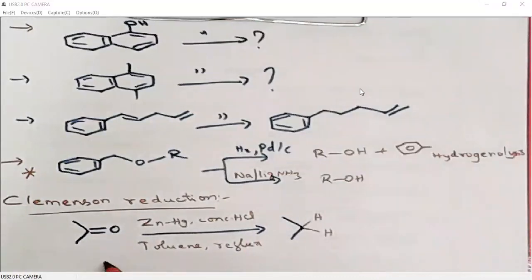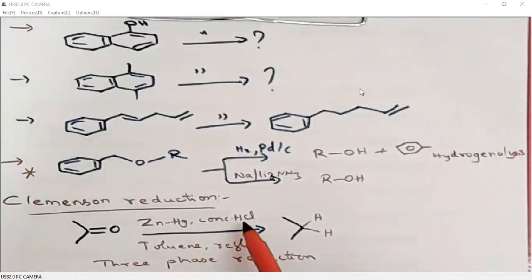It is a three-phase reduction. The zinc amalgam is a metal, solid phase. Solvents and reactants are liquid phase. HCl is a gas, so it is a vapor phase.